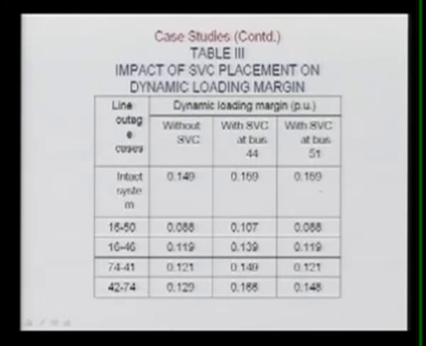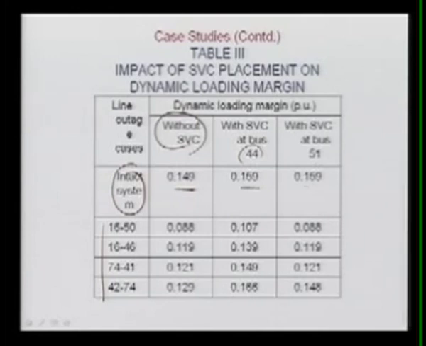Now to see the impact of SVC placement on the dynamic loading, we have again done this for various contingency cases and the intact system, that is the base case. Without SVC the margin is 0.149, and with the SVC at 44 we are getting 0.159.